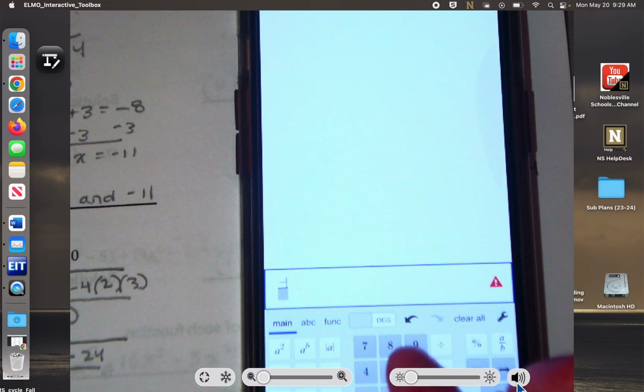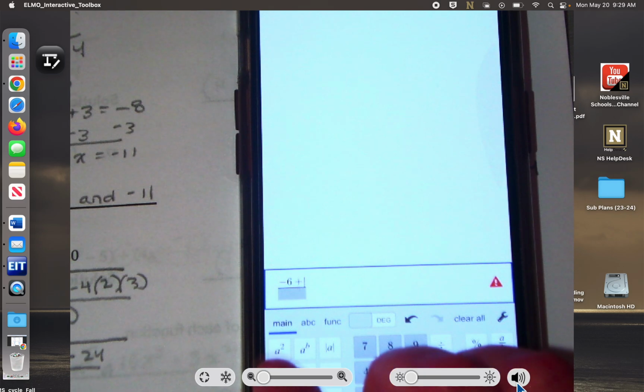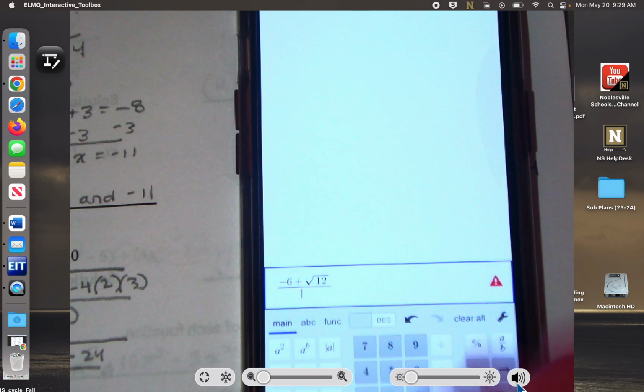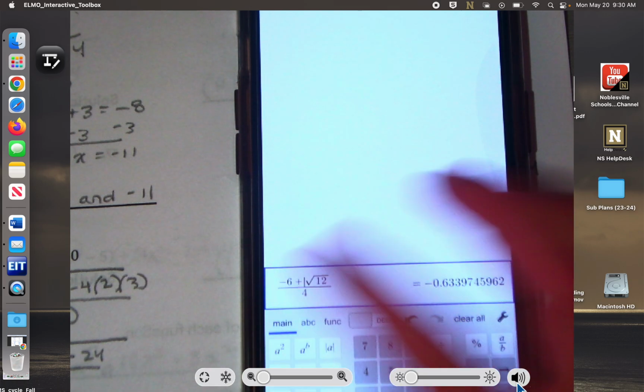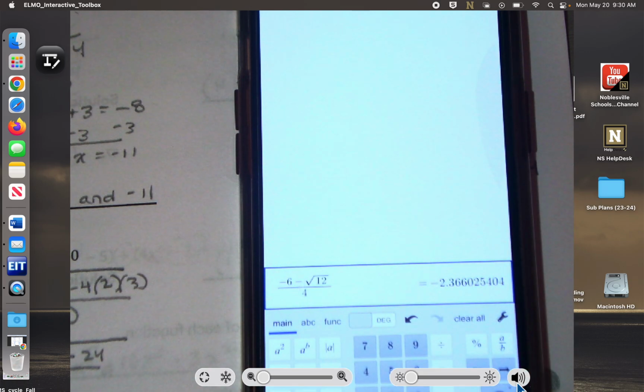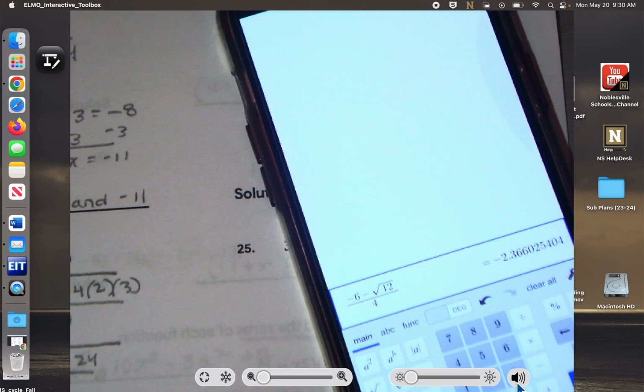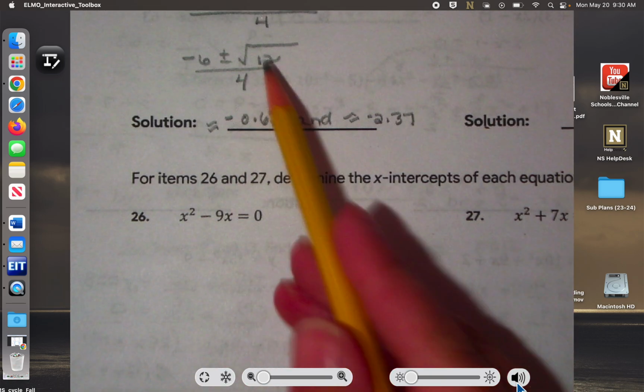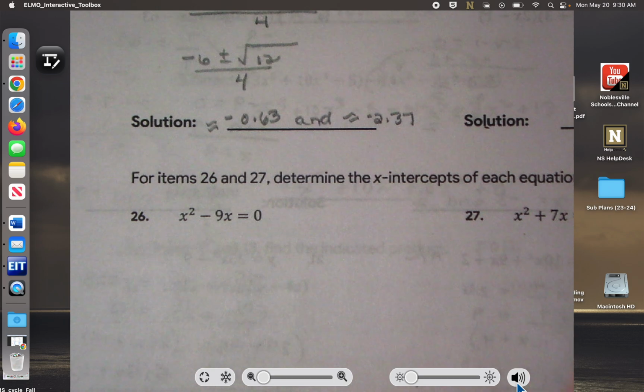So I would have negative 6 plus the square root of 12, divided by 4, and I get negative 0.63. And if I change that to negative 6 minus the square root of 12, I get about negative 2.37. So if you wanted to put it into your calculator, these would be the two decimal values you could get.